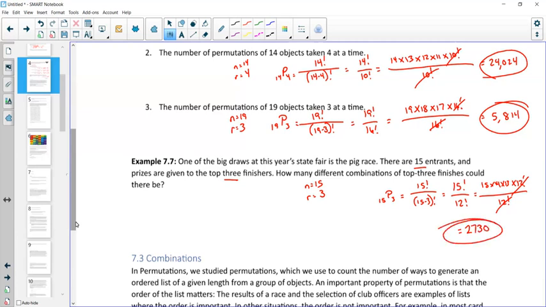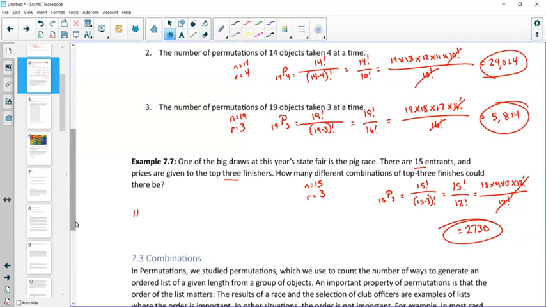Now notice something with this pig race or the swimming meet. With permutations, the order matters. So if my finish is pig 1, 2, and 3, that is not the same as pig 2, 1, and 3. That's not the same finishing order.